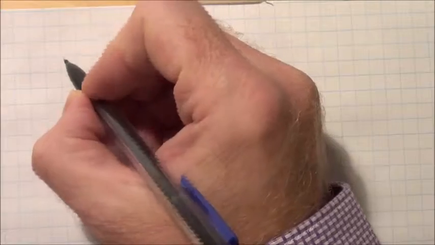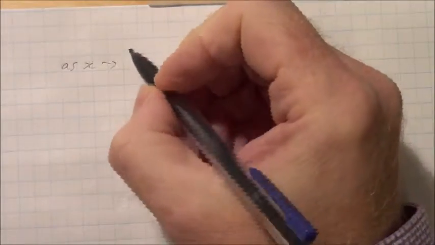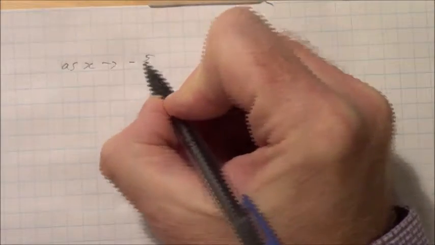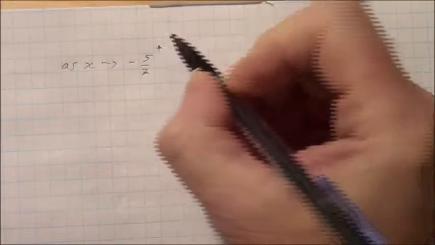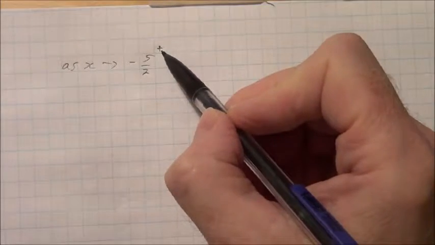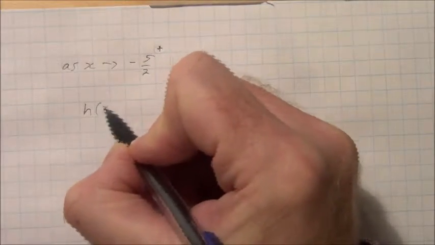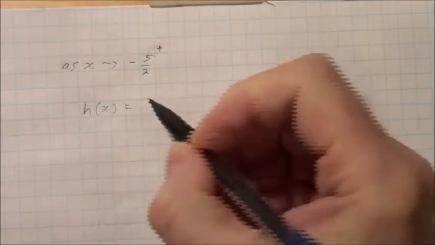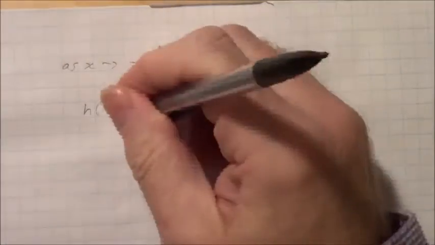I'm going to use the same function, of course, and so now I'm going to say, as x approaches the vertical asymptote, -5 over 2, and here I'm going to say from the right, I'll put this little superscript plus to say from the right, then h of x is going to be, I guess, equal, or no, not equal, it'll be approaching.